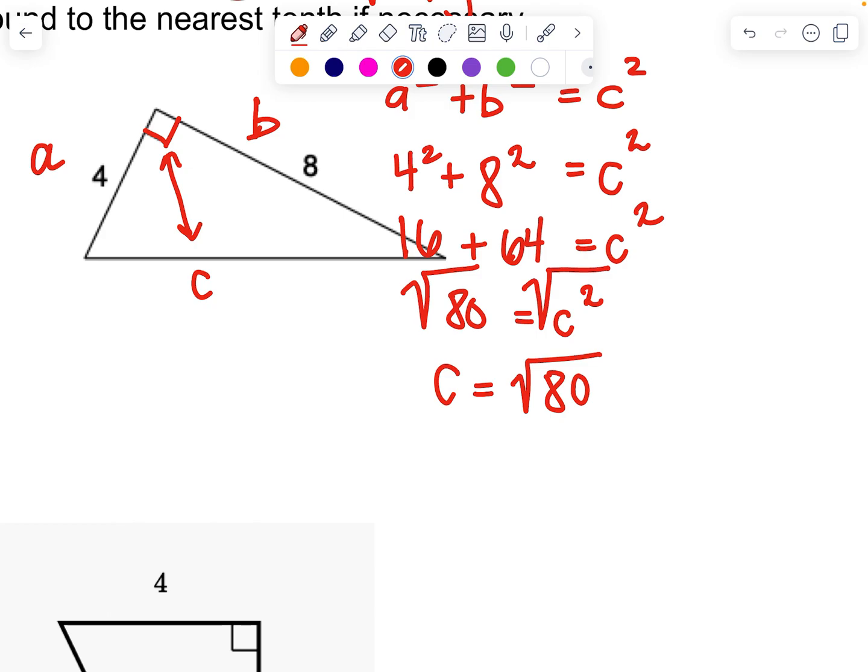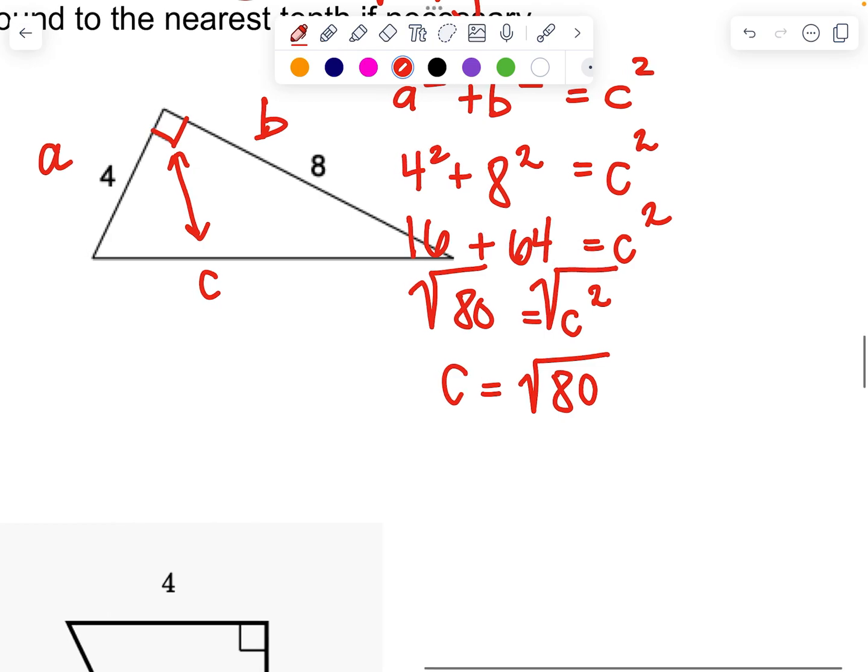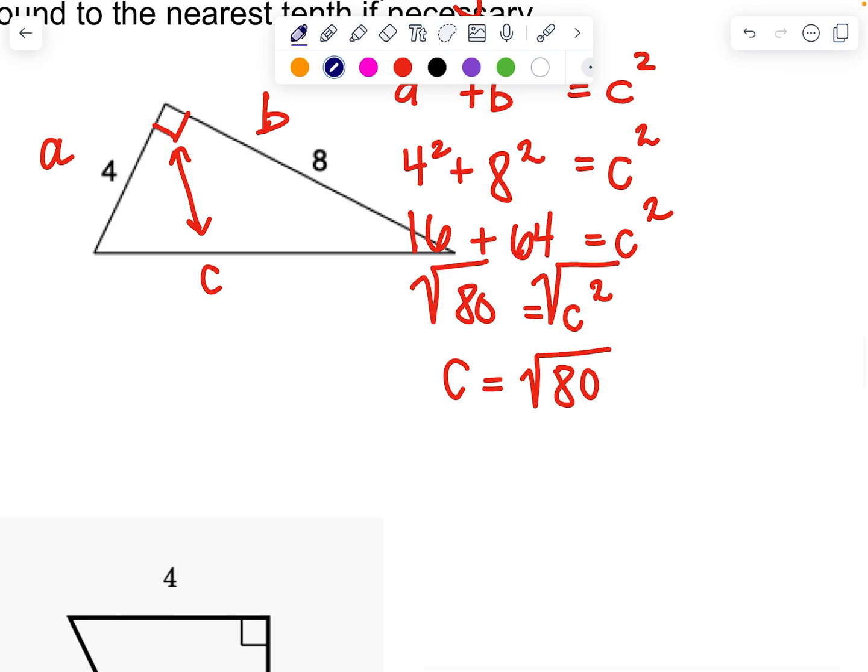But because the activity you're going to do today relies on you to remember something from first semester, I'm going to remind you of that right now. Hopefully this is something you remember learning just a few months ago. And we're going to simplify this further. Simplify this square root of 80.